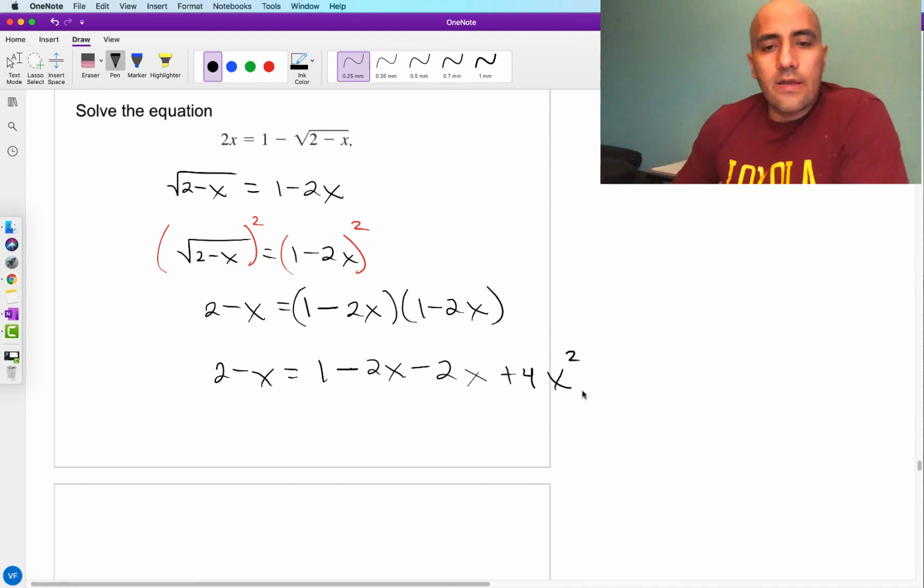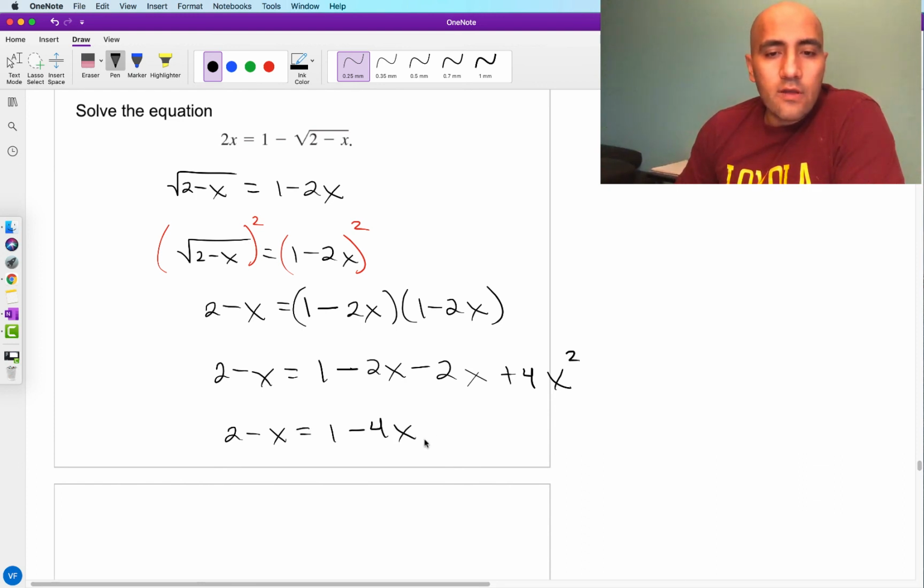And now I'm going to set everything to one side, set it equal to 0, and combine like terms. So we get 2 minus x is equal to 1 minus 4x plus 4x squared.